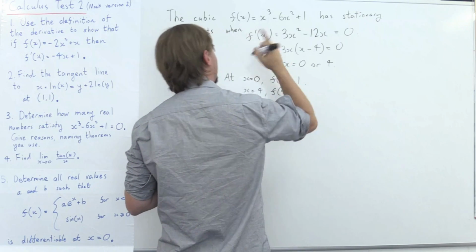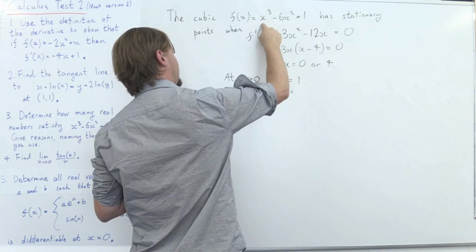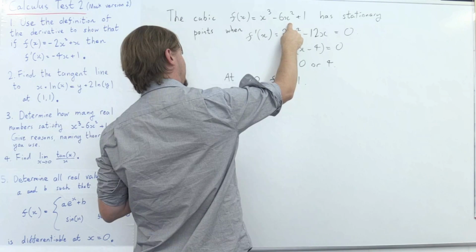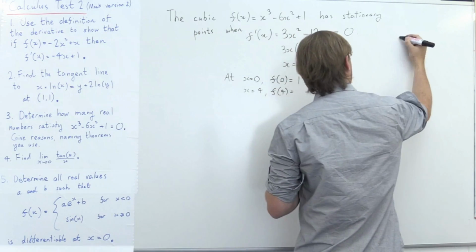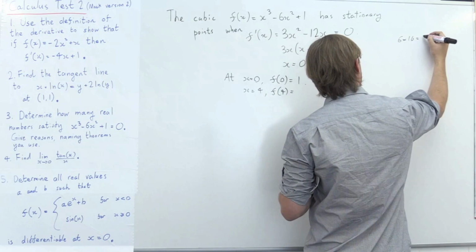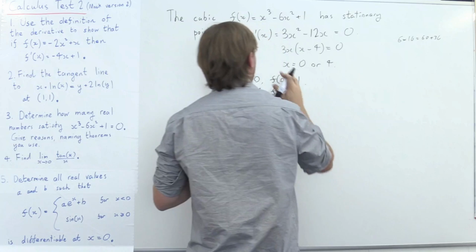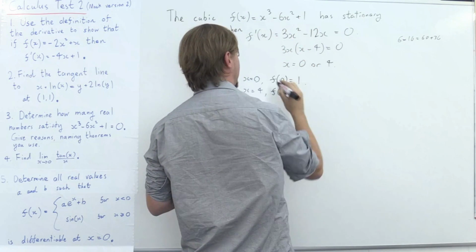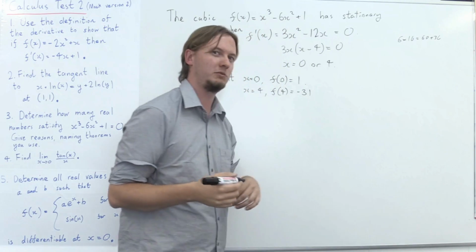This becomes 4 times 4 times 4, that's 64. 6 times 16 is, 30 times 16, 60 plus 36, so it's 96. So 64, well actually 65 minus 96. If you go through the calculation, you find it's minus 31.